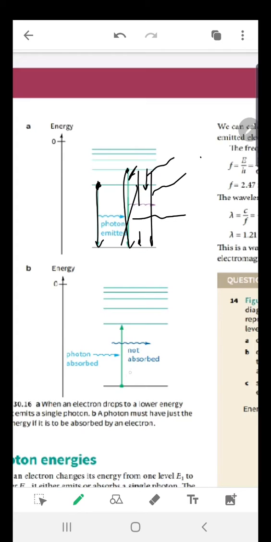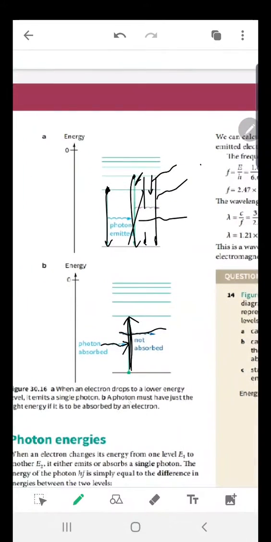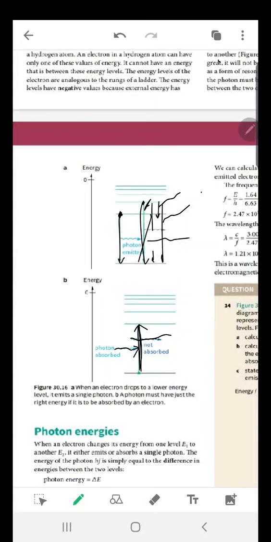And over here this is absorption. The photon is getting absorbed. Why is it getting absorbed? Because it has the same amount of energy as this gap. And over here it's not getting absorbed because the energy level might be higher. So when an electron drops to a lower energy level, it emits a single photon. A photon must have just the right energy if it is to be absorbed by the electron.